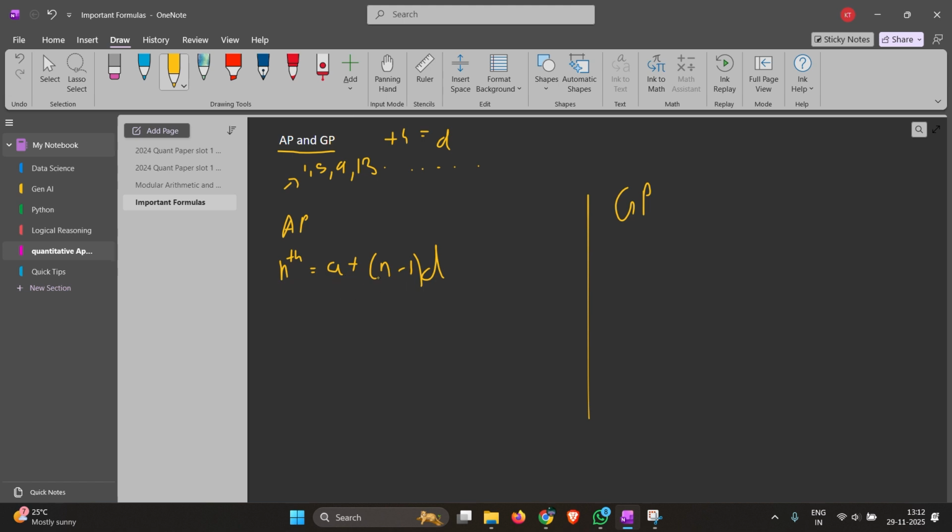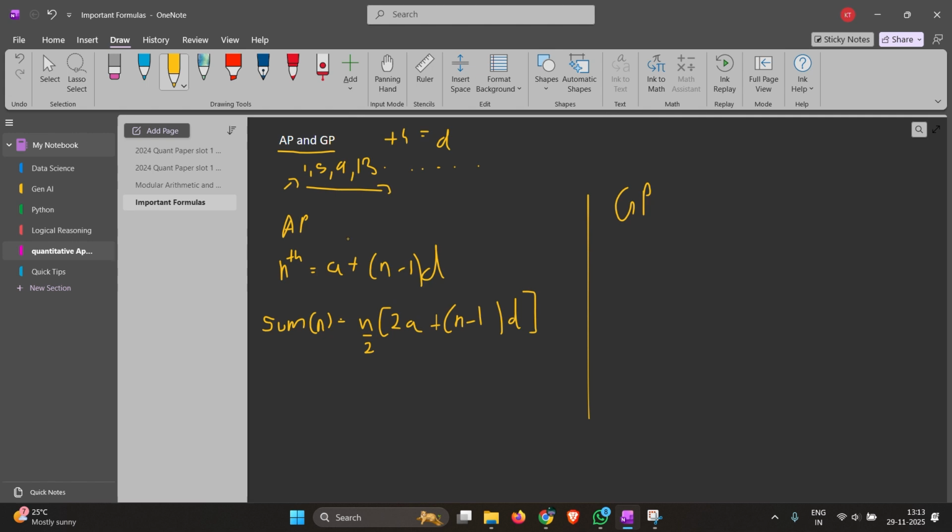And to find the sum of n terms, so let's say you want to find the sum of the first 4 terms of this arithmetic progression, the formula is: sum of n terms is n by 2 into 2a plus n minus 1 into d. Using this formula, you can find the sum of the first n terms.